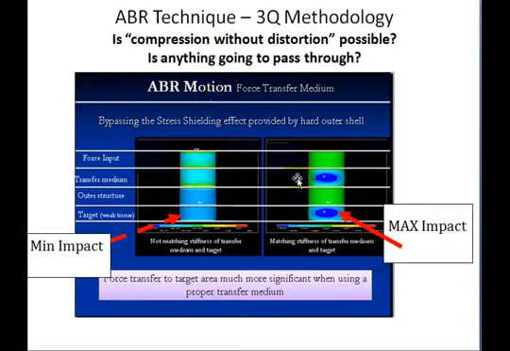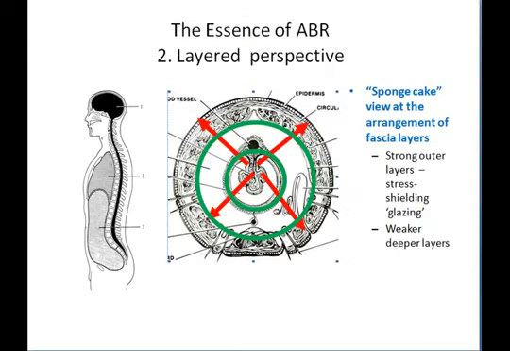Because this particular schematic, this particular profile of loading, and the demonstration that it is possible to target the deeper layer if the force transfer medium is chosen correctly and if the outer loading is done properly, well, that pretty much addresses the sponge-like perspective, where we discuss the mismatch between the strong outer layers and the weaker spongy, mushy layers that we want to address and where we want to get the response from.